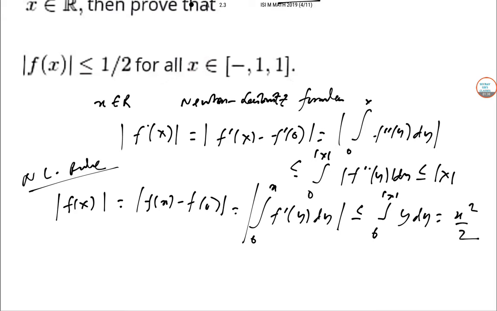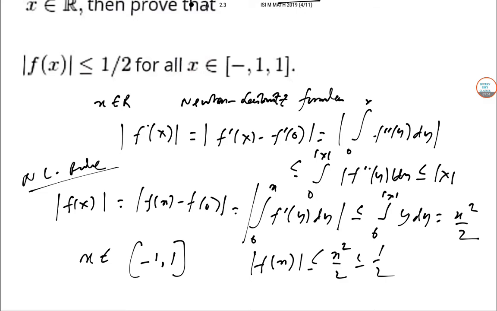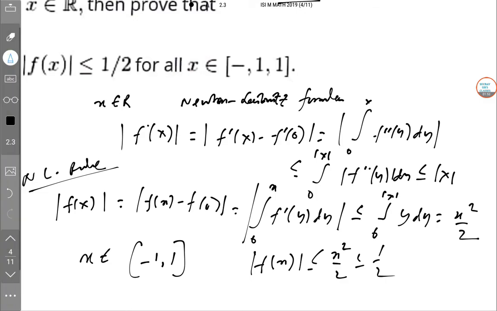So in particular, in each case where x belongs to -1 to 1, we have |f(x)| less than or equal to x square by 2. This is 1, so this is half, hence proved.